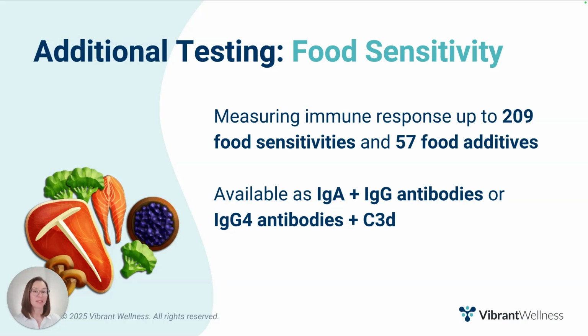We ran the IgA plus IgG test for Jessica, and she was reactive to many of the foods she was consuming daily, indicating to me that her leaky gut was allowing her to become reactive to the food she was eating all the time. So, in addition to the gluten-free diet, I used her food sensitivity results to create a personalized anti-inflammatory diet to help her decrease her symptoms by 50% in 2 weeks.